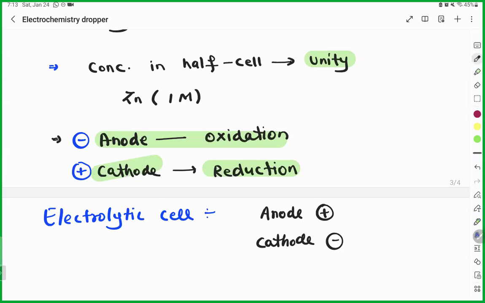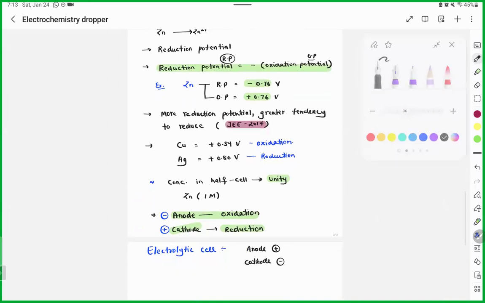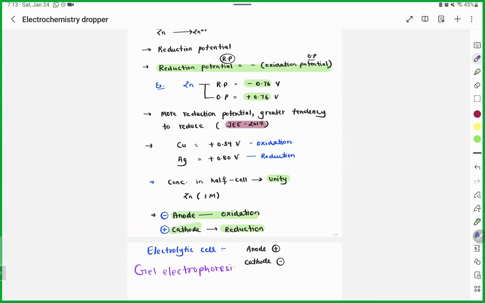Best example, note it down. Jordan, you asked for this. Note it down: gel electrophoresis. In your biotechnology chapter, there you have cathode and anode.